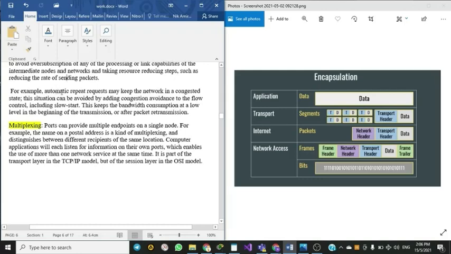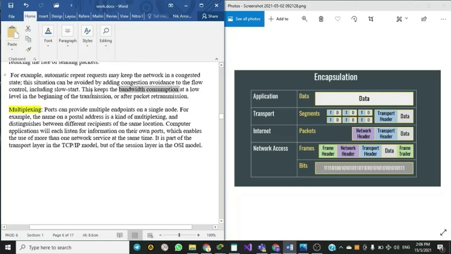For example, automatic repeat requests can cause congestion collapse. This can be avoided by adding congestion avoidance to the flow control. It will include slow start, where we keep the bandwidth consumption at a low level at the beginning of the transmission or after packet retransmission.